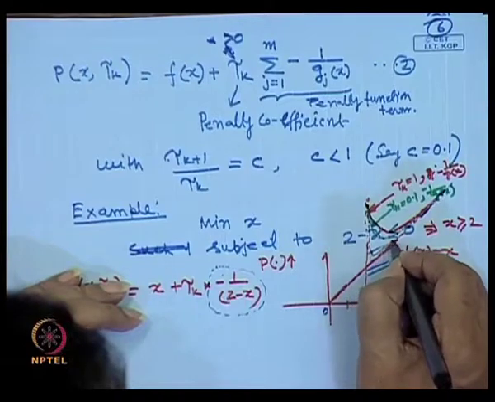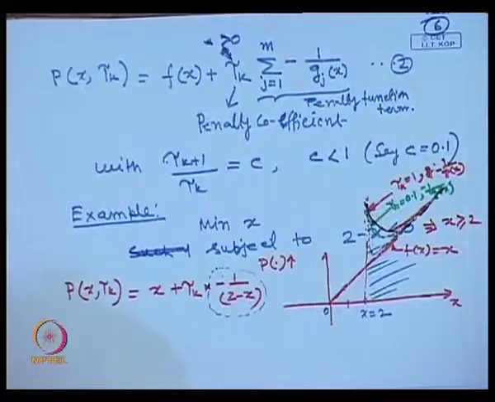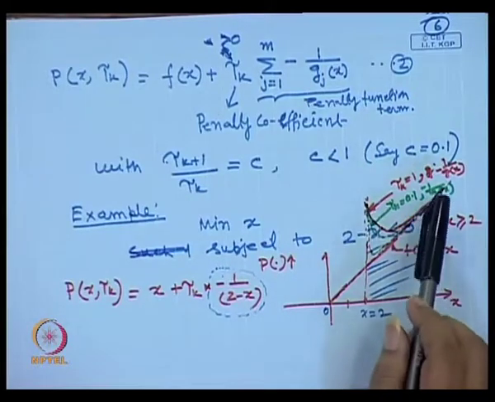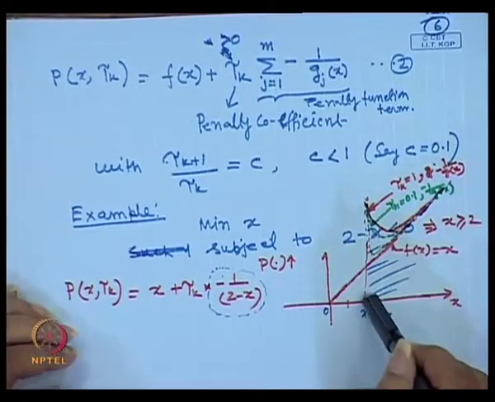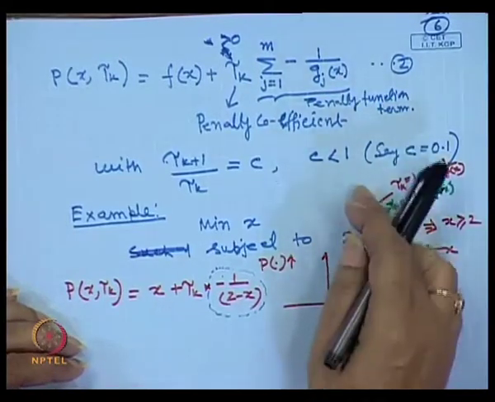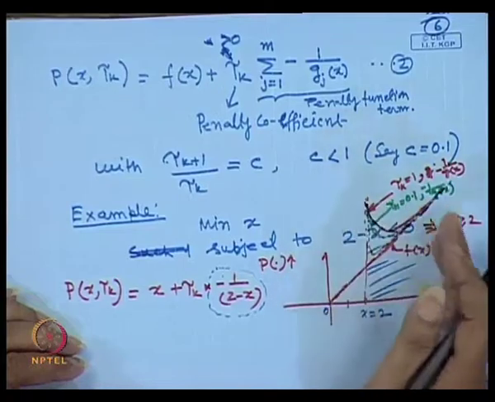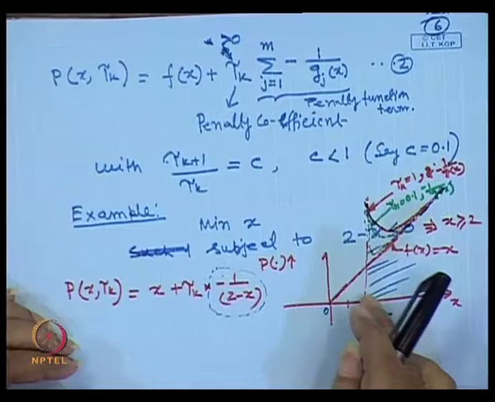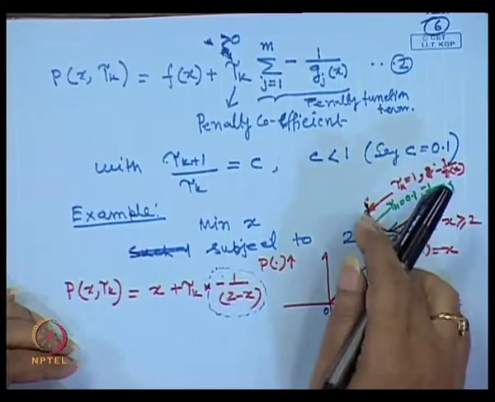That is, when x moves towards the boundary of the feasible space, tends to binding, g of x equal to 0, then this 1 by g of x will be very large. Then the penalty function will be very large and will prevent the variable from going to the infeasible region. So, this is the basic idea behind using the interior point method.